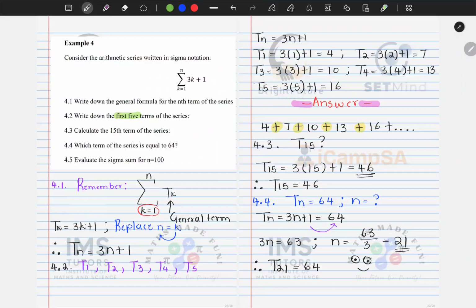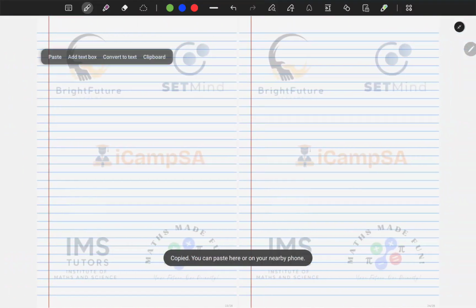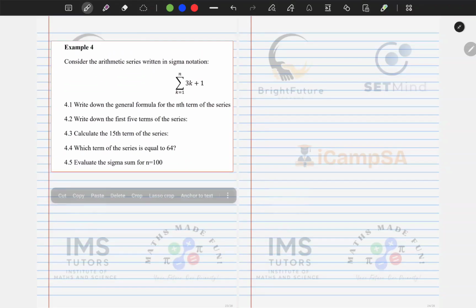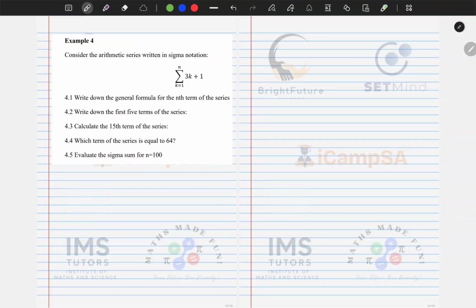So the next question, 4.5, is asking us to evaluate the sigma sign for n equals 100. So we need to understand, if you make n to be 100, all what that means is we are finding the sum of 100 terms. That is what it means, because 4.5, look at how our sigma notation is. So we're starting from k is 1 up to n, and we have 3k plus 1.